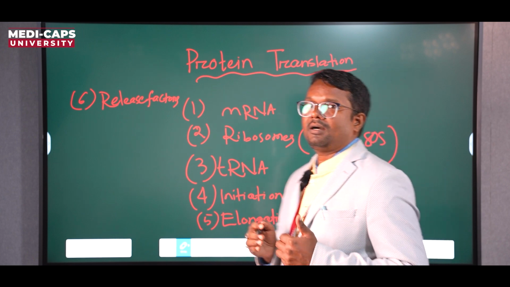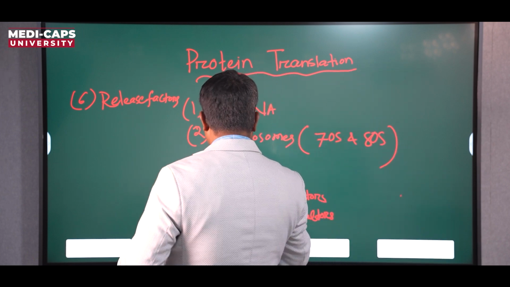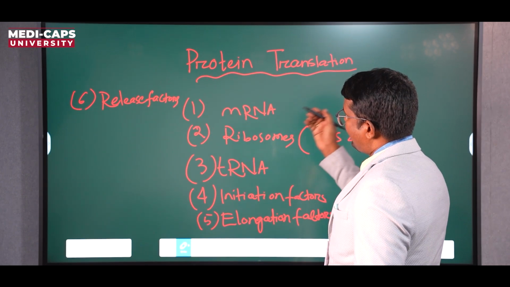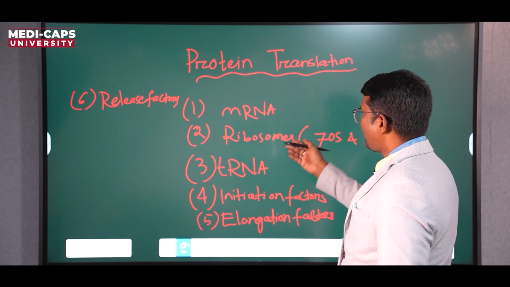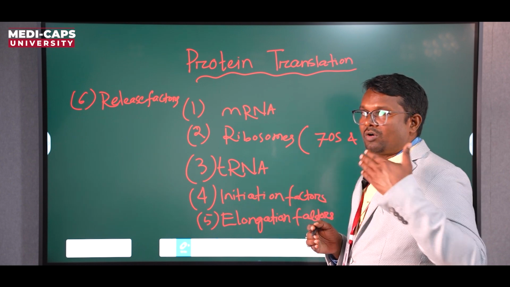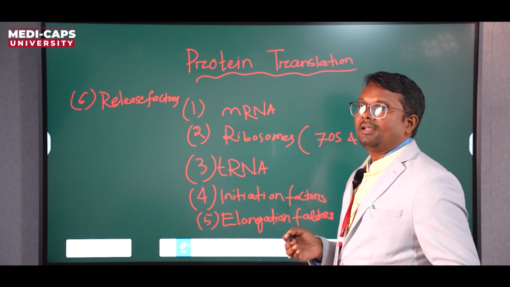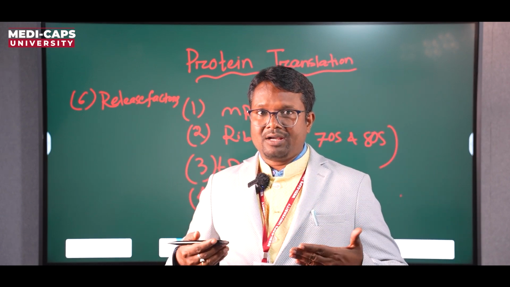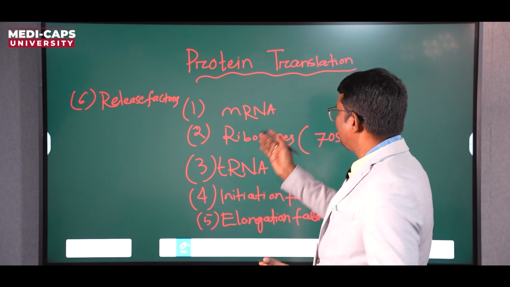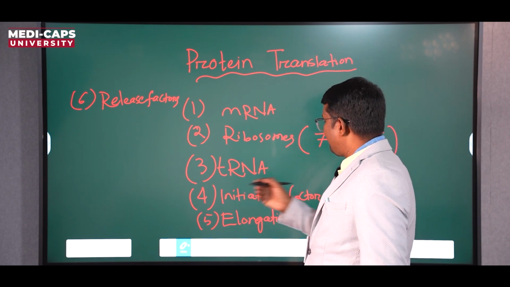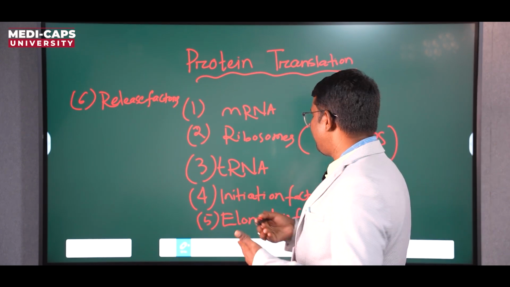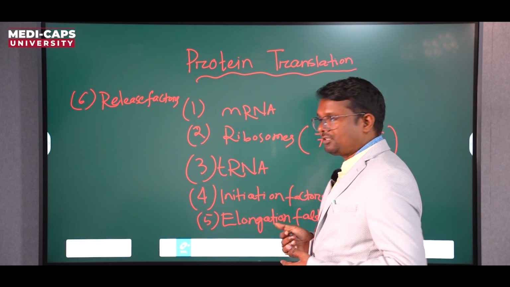So although the role of a lot of enzymatic and biochemical molecules occurs, the most emphasized components of the protein translation machinery are what I have enlisted here. One is the gene, that is mRNA, that encodes the message; the ribosome that holds the mRNA to carry out the process; the tRNA that contains the anticodons and brings the required amino acid to the mRNA; and the initiation factor that initiates the protein translation activity, and then elongation factors.